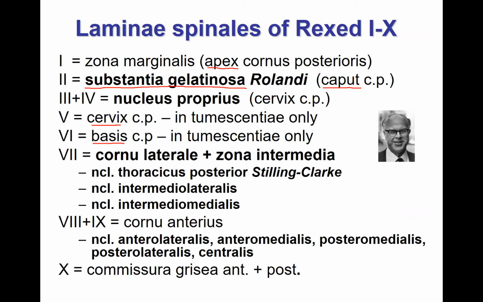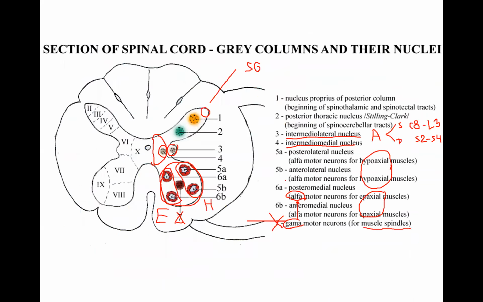Yeah, that's one somatosensory nucleus, and this is mainly for pain information, concerning slow pain. I will talk about this a bit later. So substantia gelatinosa should look a bit like a jelly on a section, on histological sections.